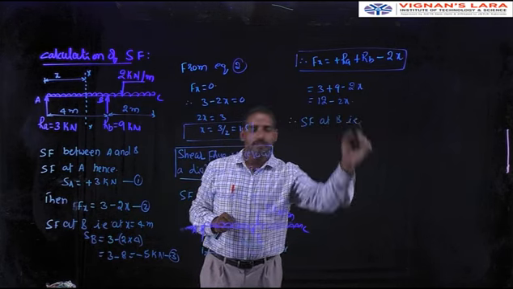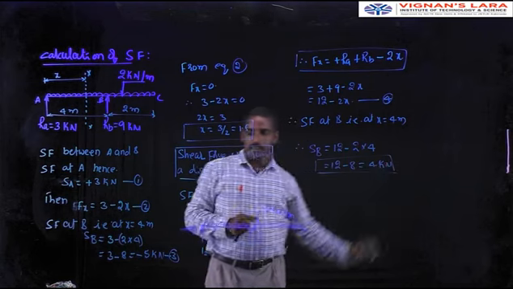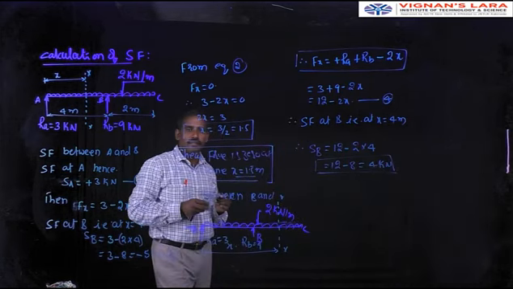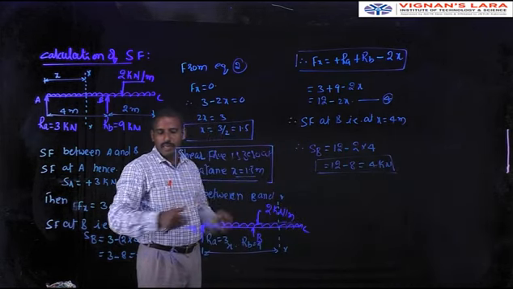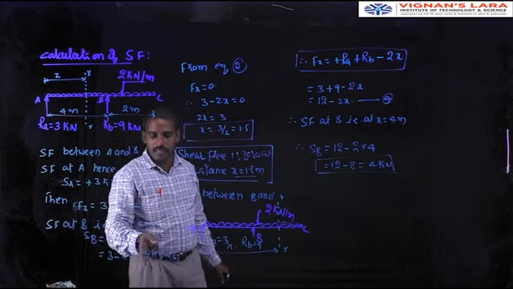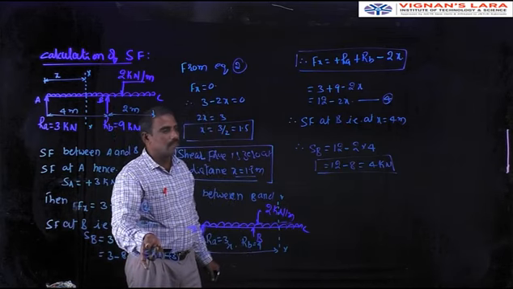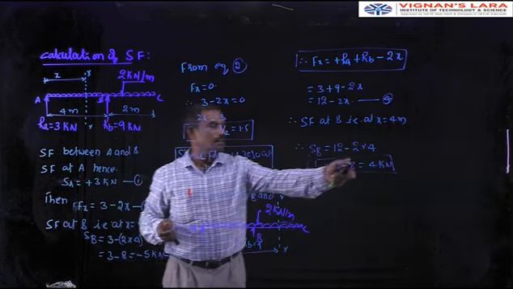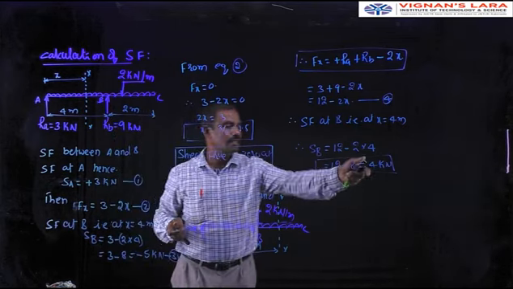This is also one more important point. We have the shear force values at B as 5 kilonewtons as well as 4 kilonewtons. So here there are two values. The shear force is minus 5 kilonewtons just left of B as well as plus 4 kilonewtons just right of B.